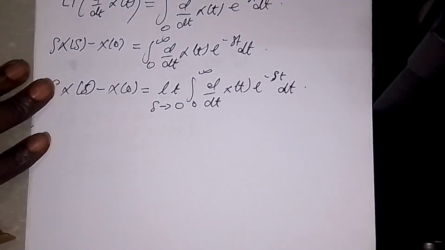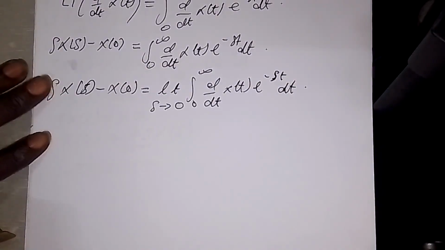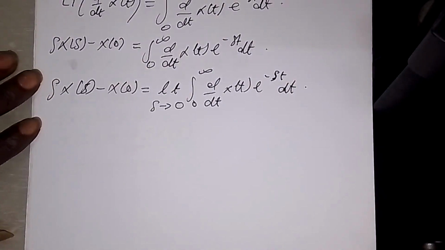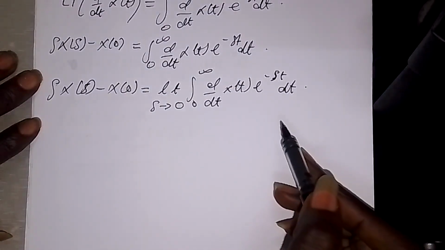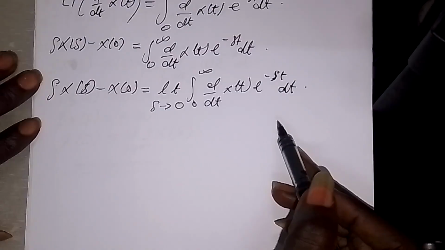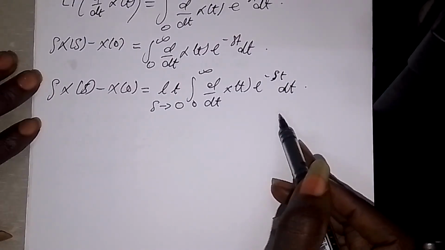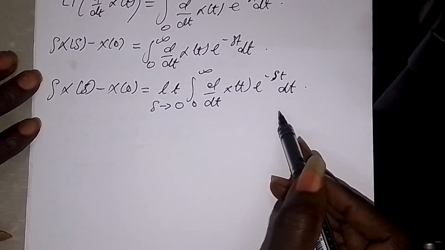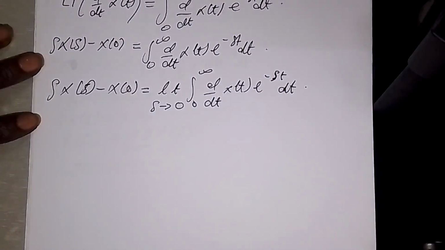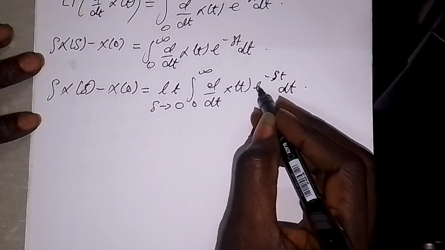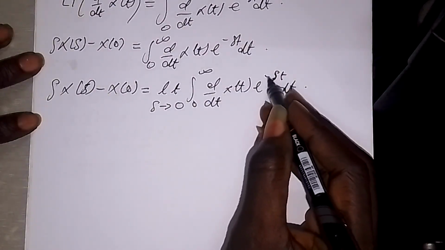Let's see how best we can deal with this. If s approaches 0, then e^(-st) becomes e^0, which is 1.